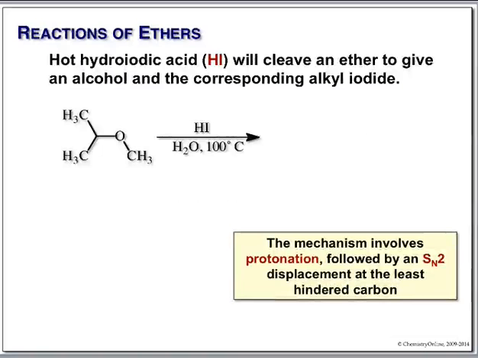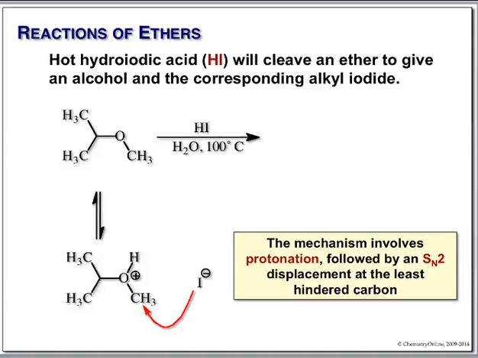If we take something like HI, hydroiodic acid, and heat it up, so this is at reflux, what happens is the iodide, as a nucleophile, will simply attack the methyl group. Step one, we're going to protonate the ether. Remember, it does have those lone pairs. And that makes this a decent leaving group, doesn't it? Step two, iodide attacks, and we wind up with the alcohol and the alkyl iodide.